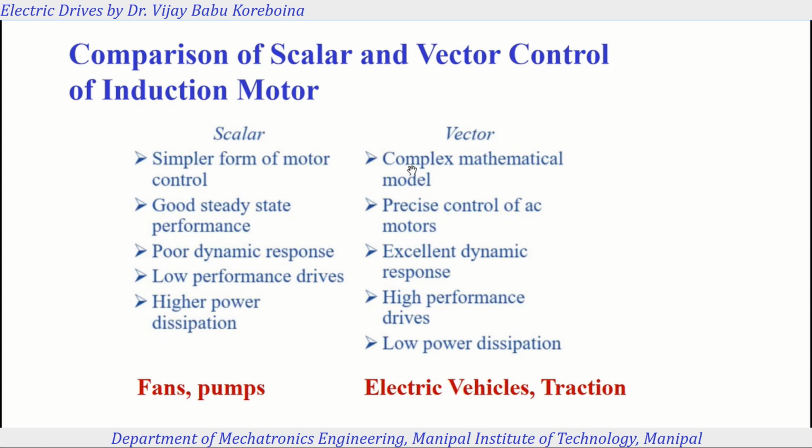Whereas vector control has a complex mathematical model, precise control of the AC motor, which is a very important aspect, and excellent dynamic response. They are used for high performance drives with low power dissipation, and for very high performance applications like electric vehicles, tractions, and so on. So that's the comparison of scalar and vector control.